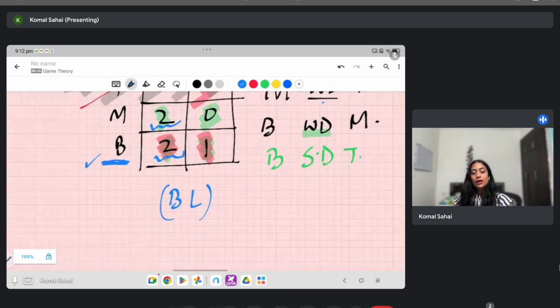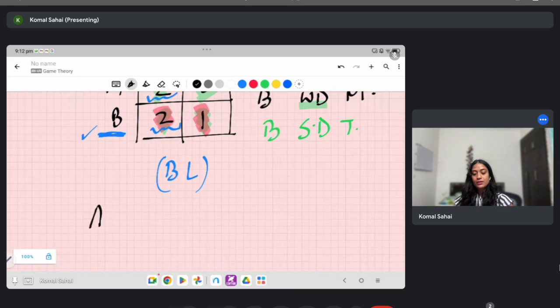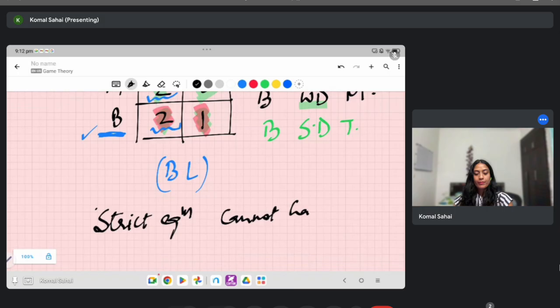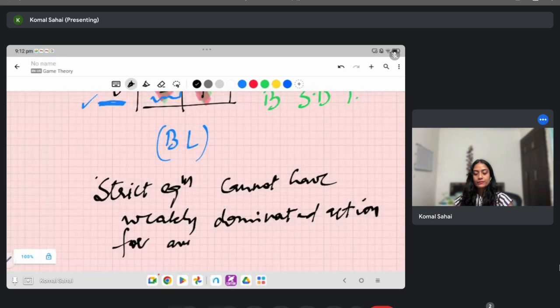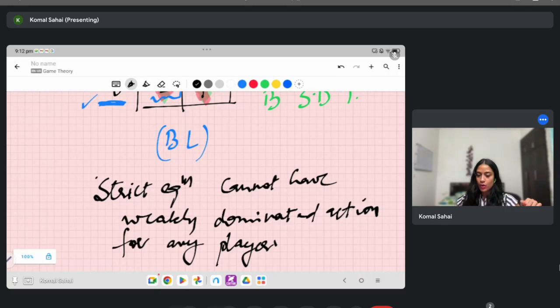So basically, strict equilibrium cannot have weakly dominated action for any player, right? But a non-strict equilibrium allows for weakly dominated actions.